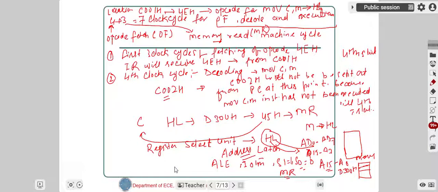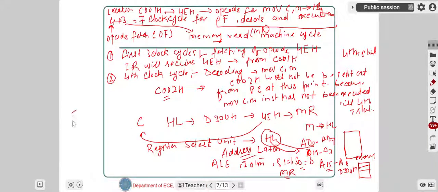So during this memory read machine cycle, what will happen actually? The address sent out from the register pair in the memory read machine cycle would depend upon this memory read machine cycle within an instruction. Now in the memory read machine cycle, a similar operation will happen.